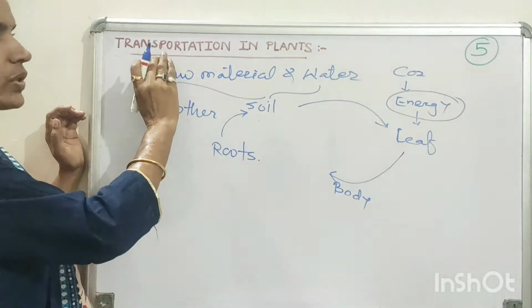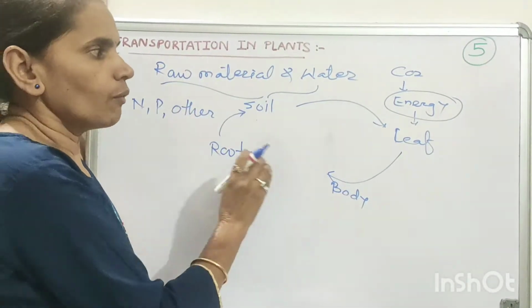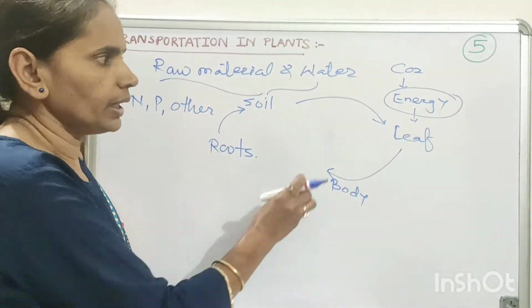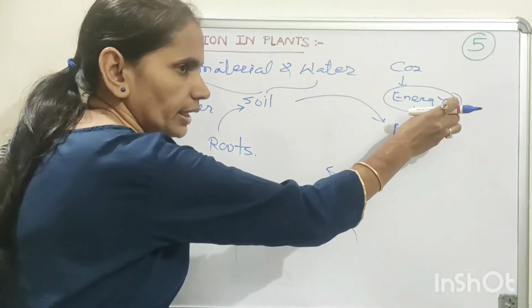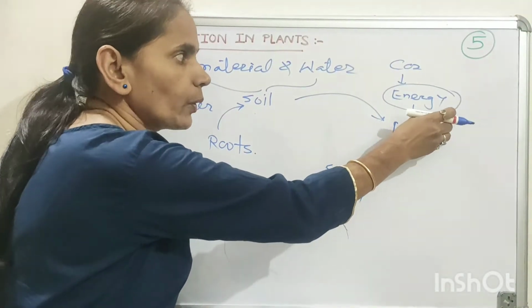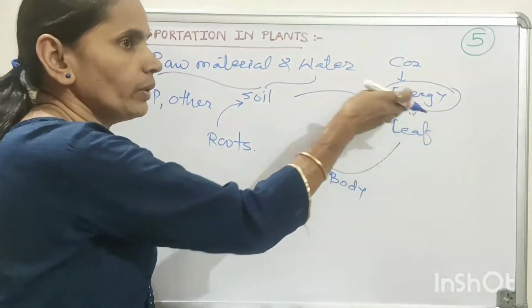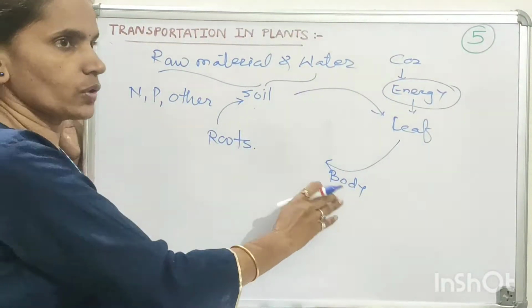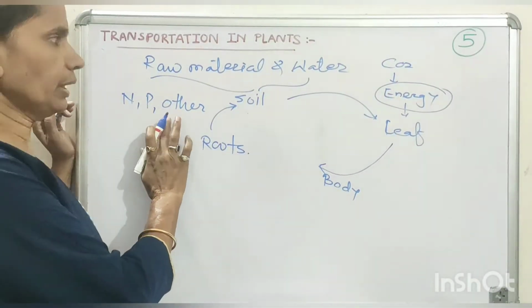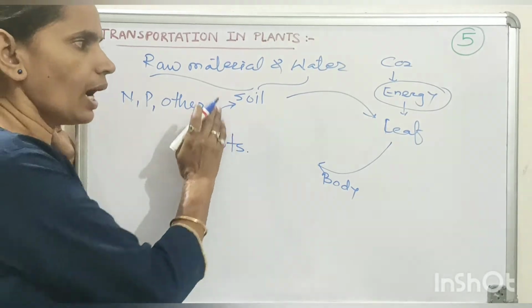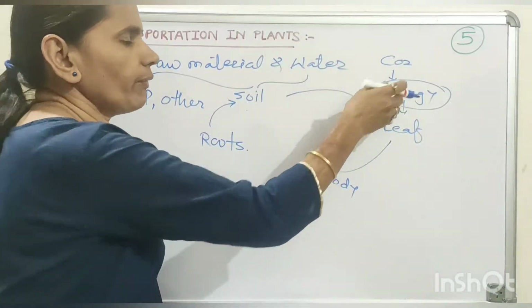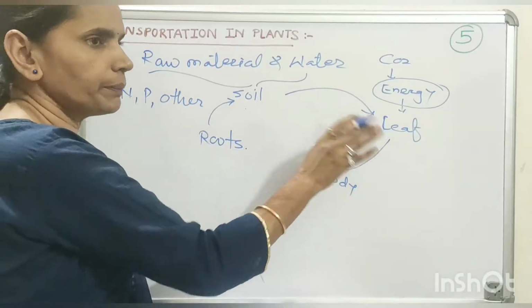So in case of transportation in plants, one pathway transports the energy generated and other soluble products of photosynthesis from leaf to the remaining parts of the plant, and the water and minerals taken up from the soil are transported to the leaf and other body parts of the plant.